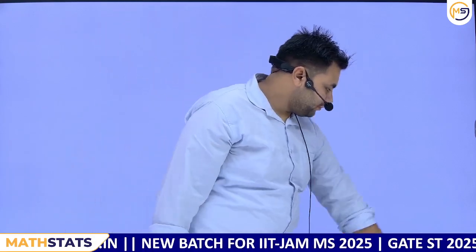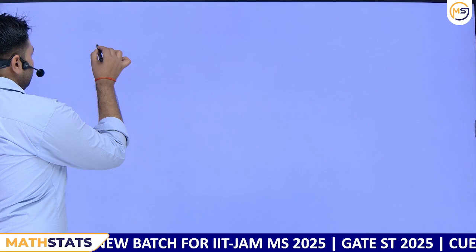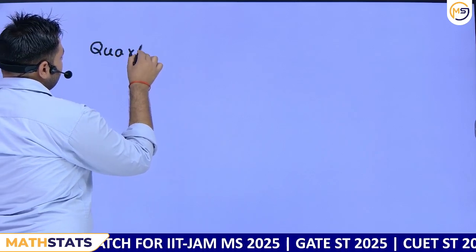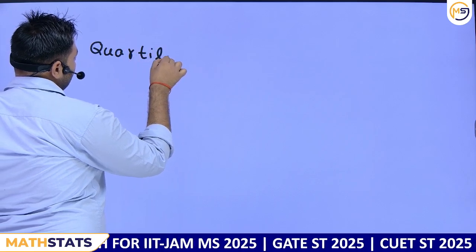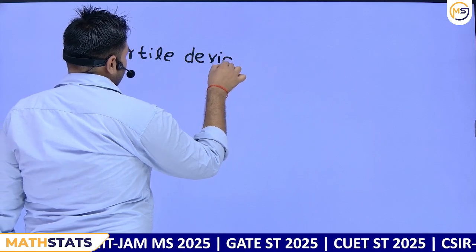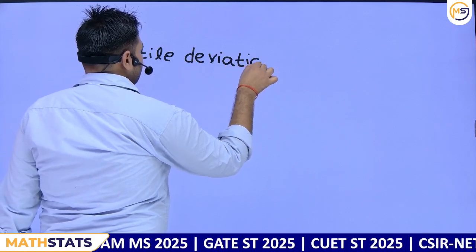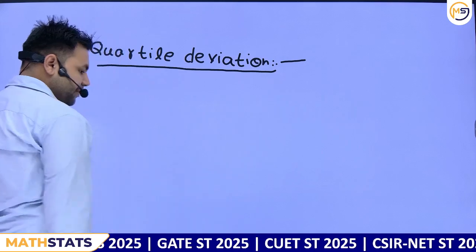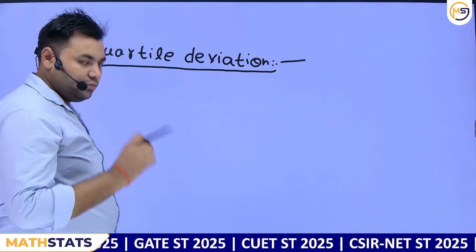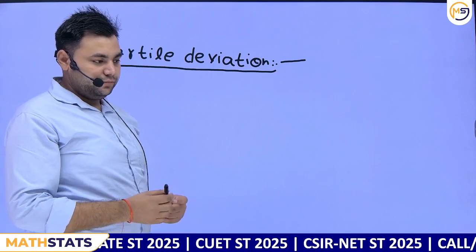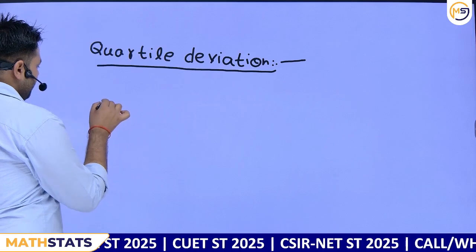So we are talking about quartile deviation. What is quartile deviation? Anyone? It is the semi-interquartile range.